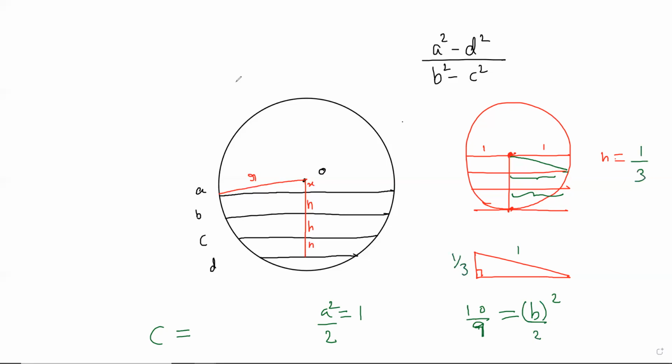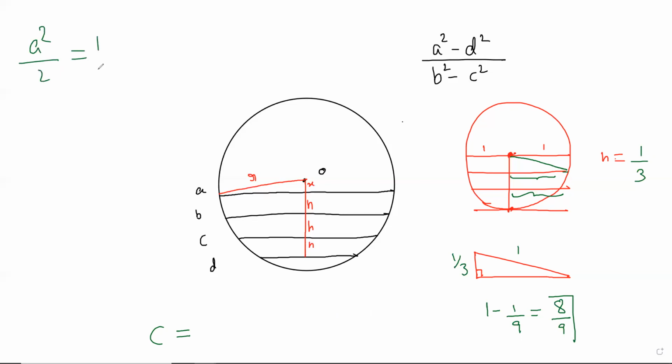Oh, what am I doing? So then it is 8 by 9. A square by 2 is 32 by 9, right? And so B square by 2 is 16 by 9. Okay. Similarly, can you find C square by 2?